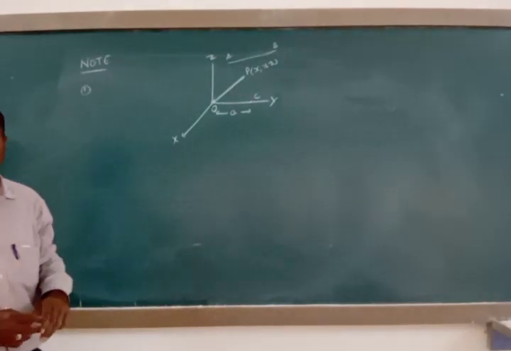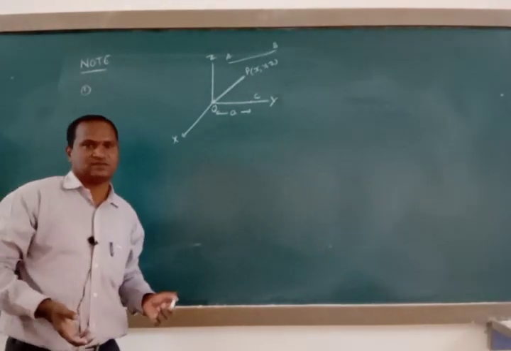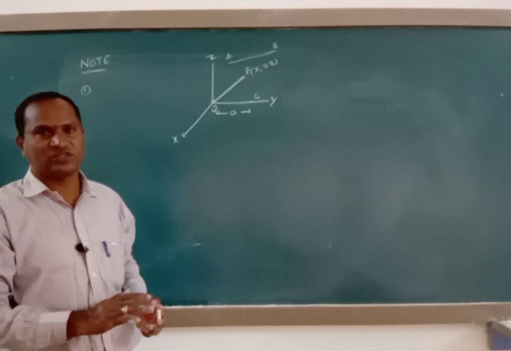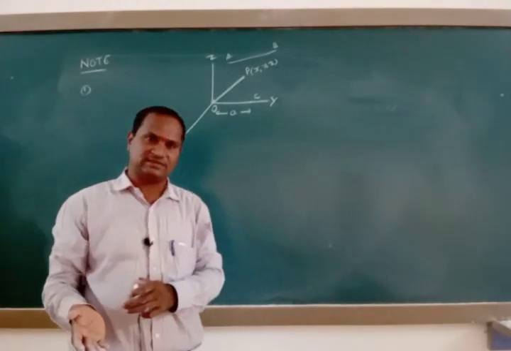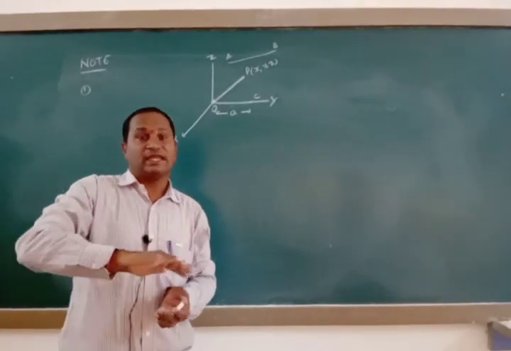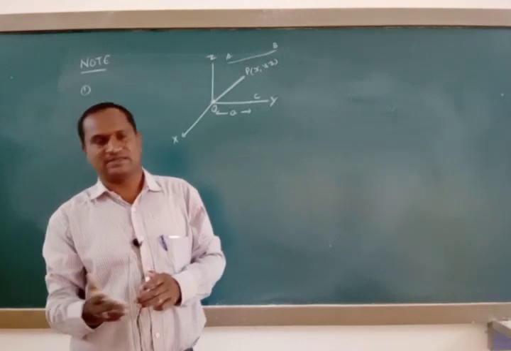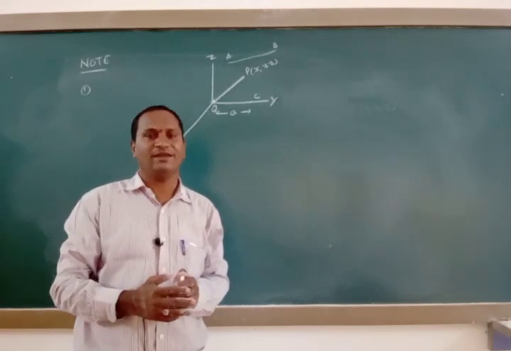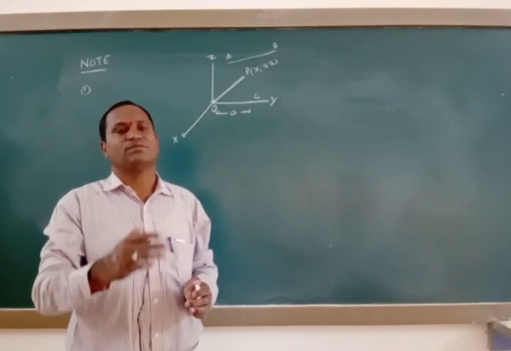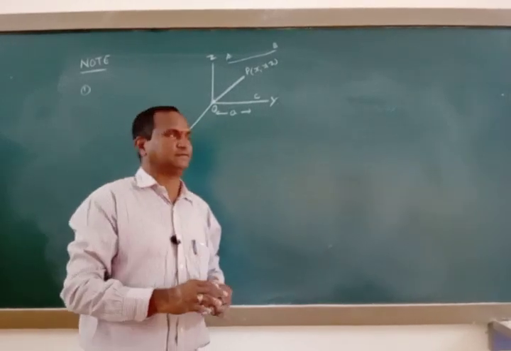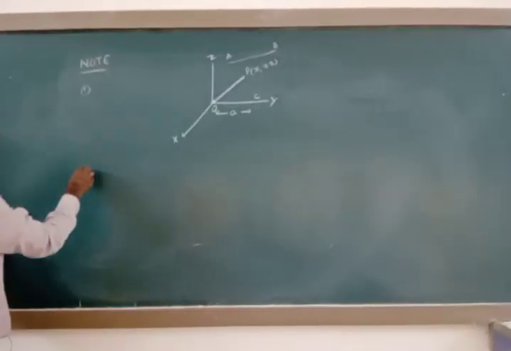Finally we can say all types of distances are measured from the origin to any point on an axis or to any line parallel to an axis. All the distances are measured from the origin only. Next, second point.